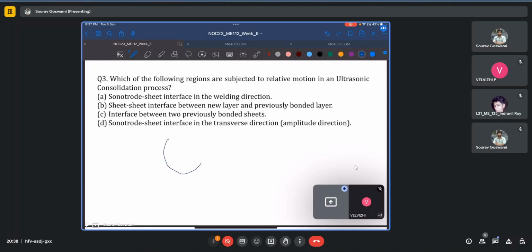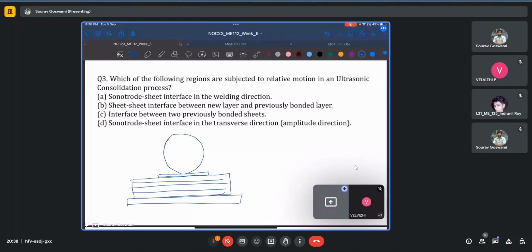So you would have the sonotrode in contact with the incoming foil. You would have the pre-built layer on top, which is itself consisting of several foils, and this would be on top of some sacrificial build plate, which is mounted on top of the anvil.